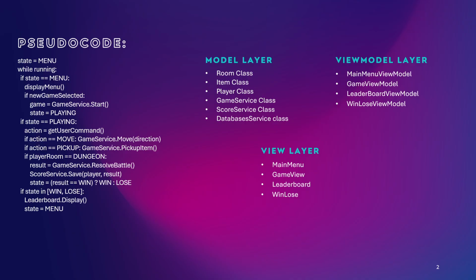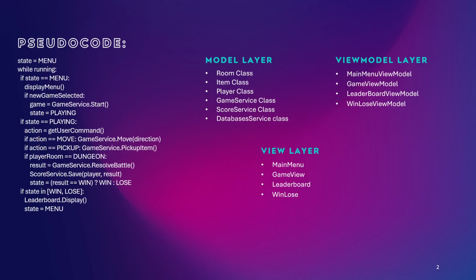And then those services, the game service will host movement validation, room transitions, win-loss resolution. The score service is going to handle the scoring, computing the actual final score of the player. And then database service is going to handle player data, score storage, stuff like that.